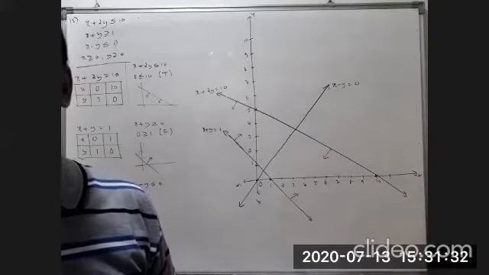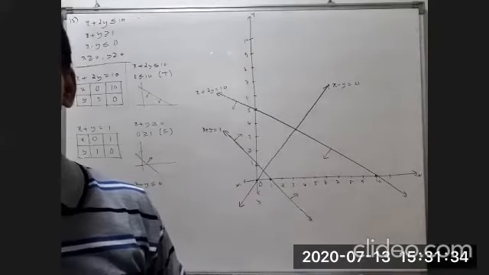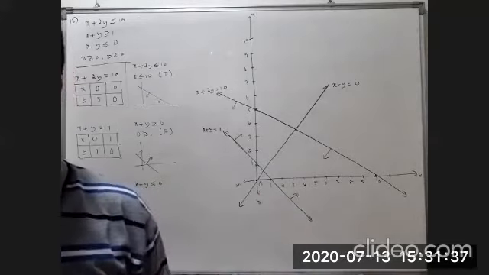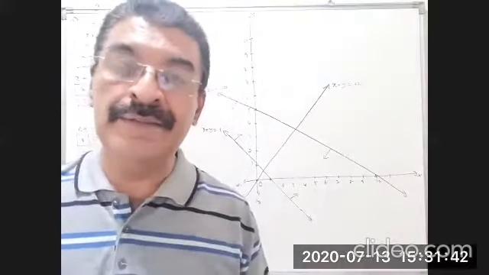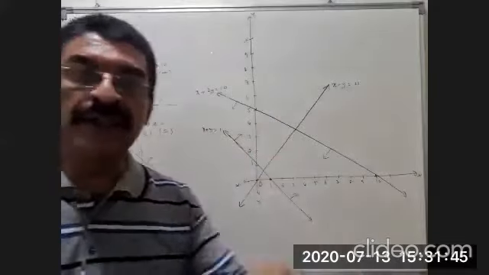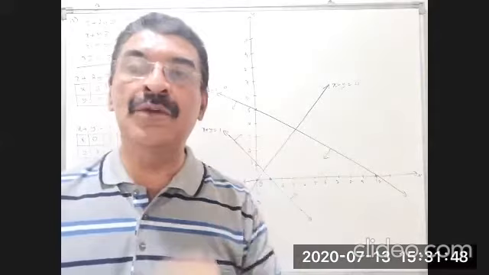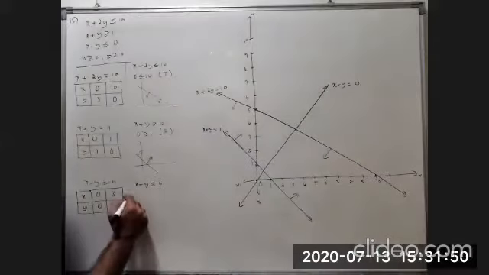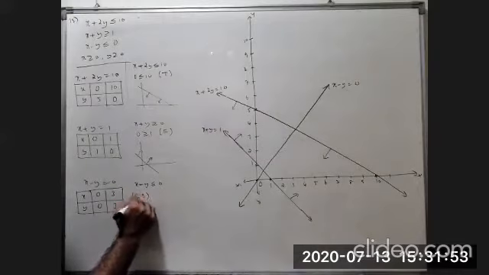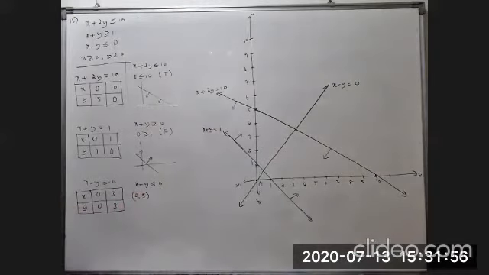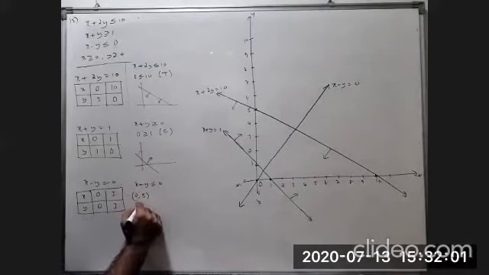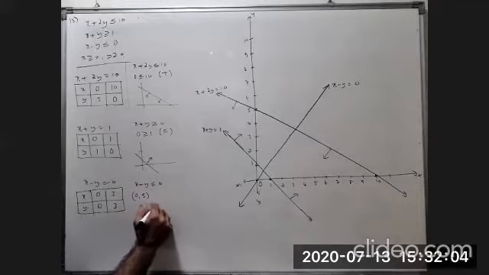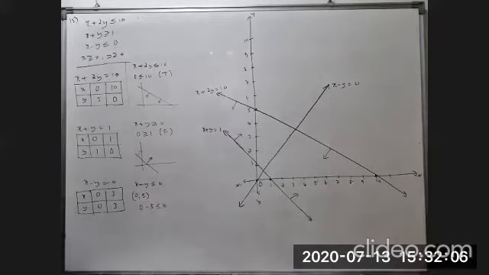Again, the best idea is to take a point on one of the axes, either the x-axis or y-axis. The advantage of taking a point on an axis is that one of the coordinates will be 0, either x is 0 or y is 0, so that much calculation we get rid of. So I am taking the point 0, 5 because I cannot take 0, 0. Substituting it, 0 minus 5, minus 5 less than 0, that is true.